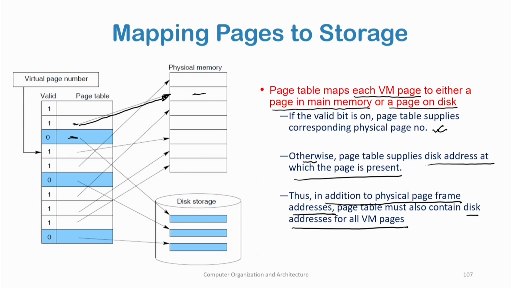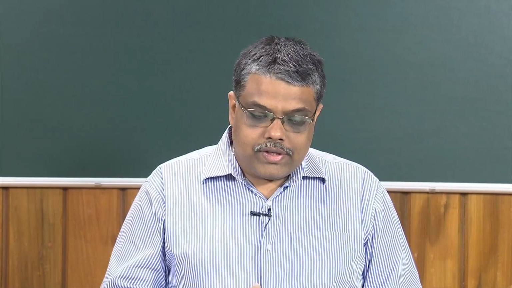Thus, in addition to physical page frame addresses, the page table must also contain disk addresses of all virtual memory pages. That is why, although logically the same, we maintain two distinct data structures, which are both page tables and both indexed by the virtual addresses: one for mapping the virtual addresses to the physical memory page frames, and the other for mapping the virtual addresses to secondary storage page addresses.